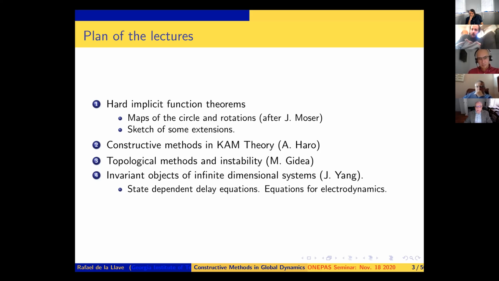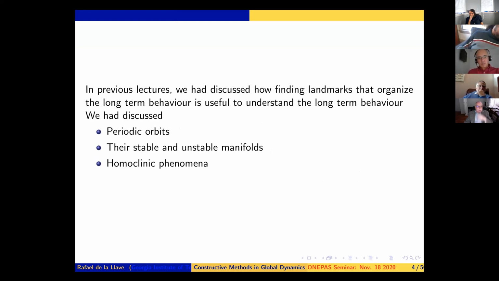In the previous lectures, we discussed how to find landmarks that organize the long-term behavior. We discussed periodic orbits, their stable and unstable manifolds, and then homoclinic phenomena.